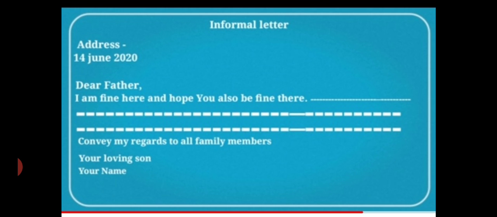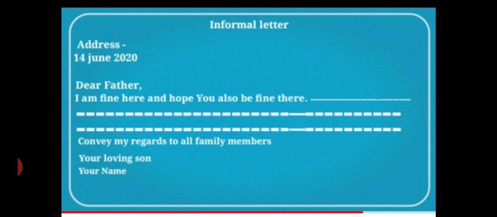First of all, address and date. Then afterwards, in a formal letter, we write the subject and that kind of things, and then another address. But over here, you can start directly with Dear Father or anything.